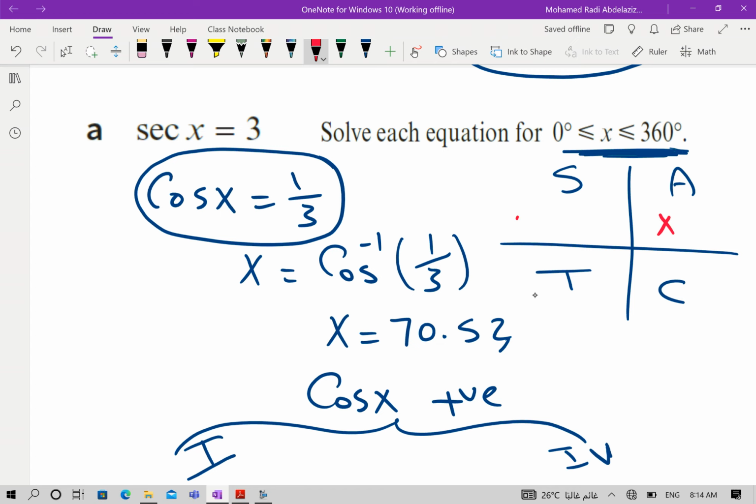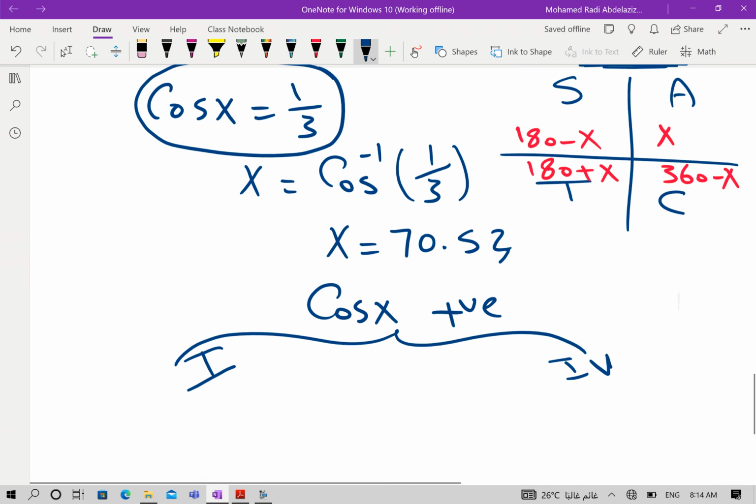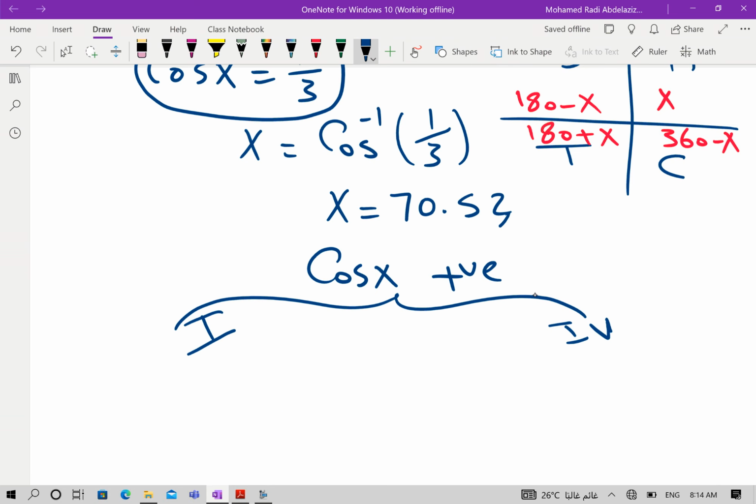If it is second, 180 minus x. Third, 180 plus x. Fourth, 360 minus x. Then we'll find first, use the principal angle 70.53 degrees. Fourth, 360 minus x, which is 70.53. Give me the solution.